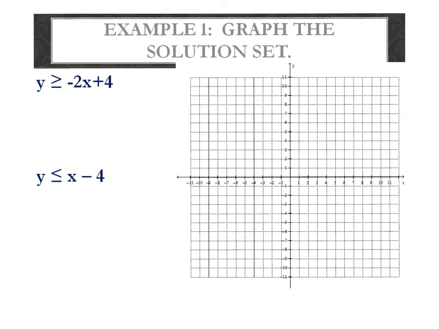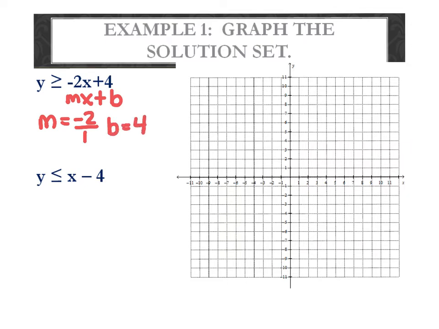In our first example, we're given the inequalities y is greater than or equal to negative 2x plus 4, and y is less than or equal to x minus 4. If I want to graph from this, because it's in mx plus b form already, m, which is my slope, is negative 2 over 1, and b is 4.